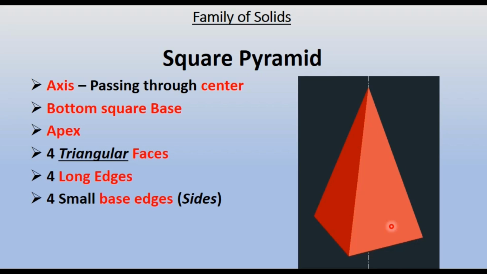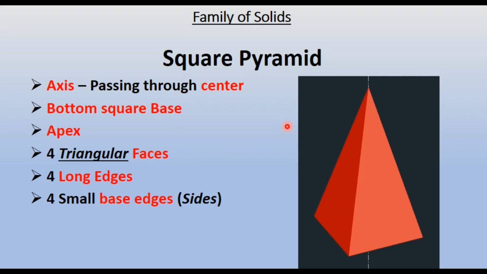Axis, bottom square base, apex, 4 triangular faces, 4 longer edges, and 4 smaller edges. So here I want to mention to you that even though it is a square pyramid, the faces will be triangular. Yes, as we have seen, this is a triangular face.